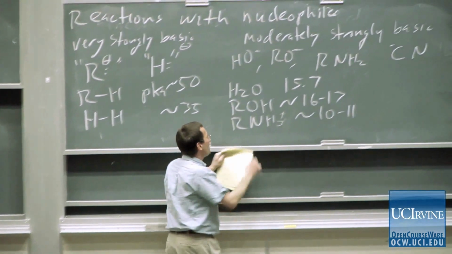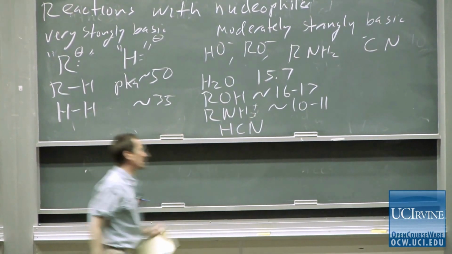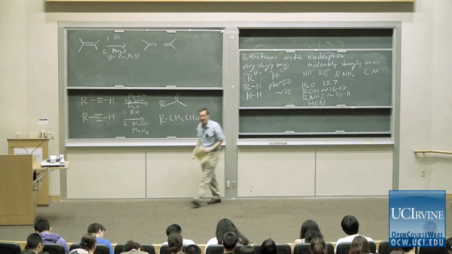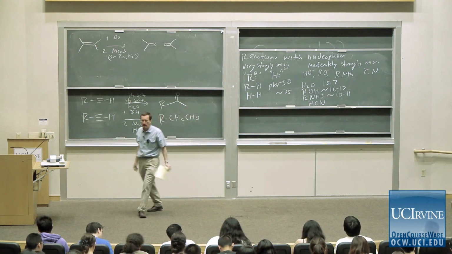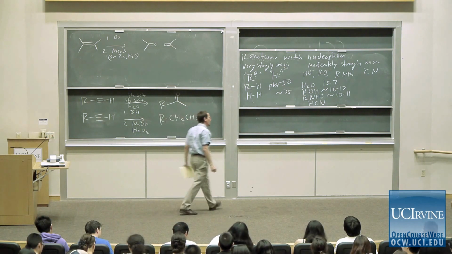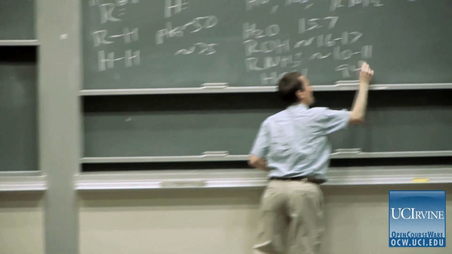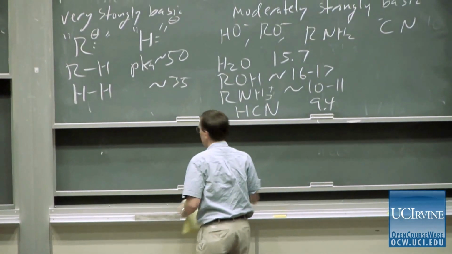And the last one, hydrogen cyanide, which is actually where we'll start our discussion of reactivity because it has a nice simple reactivity. Hydrogen cyanide is often called hydrocyanic acid, a weak acid with a pKa of 9.4.